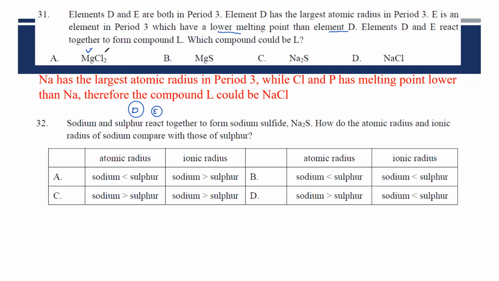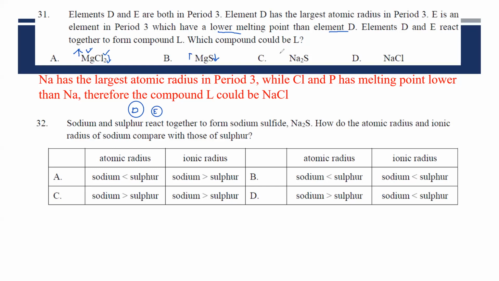Then as for magnesium sulfide, it also has a higher melting point than chlorine, so it fits the description. Magnesium sulfide has a lower melting point than the element D, so it also fits the description.